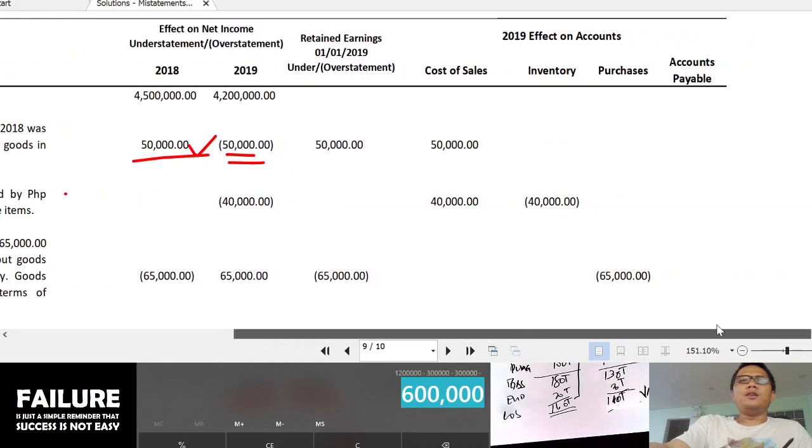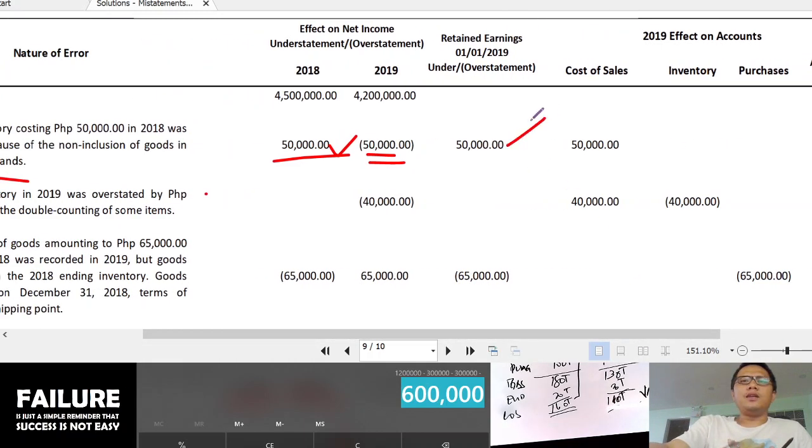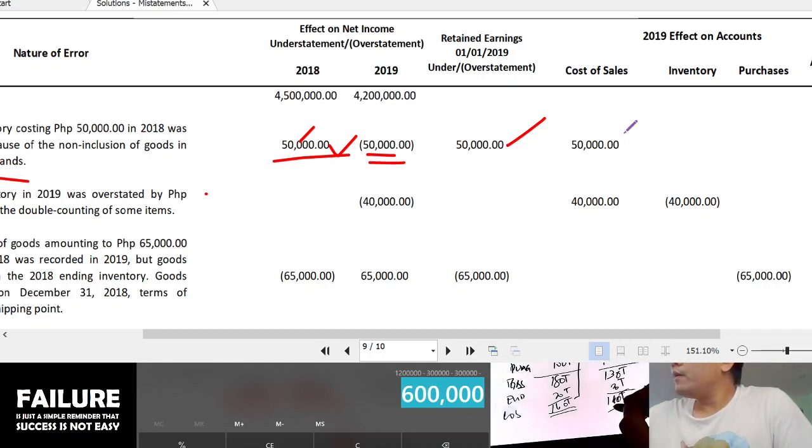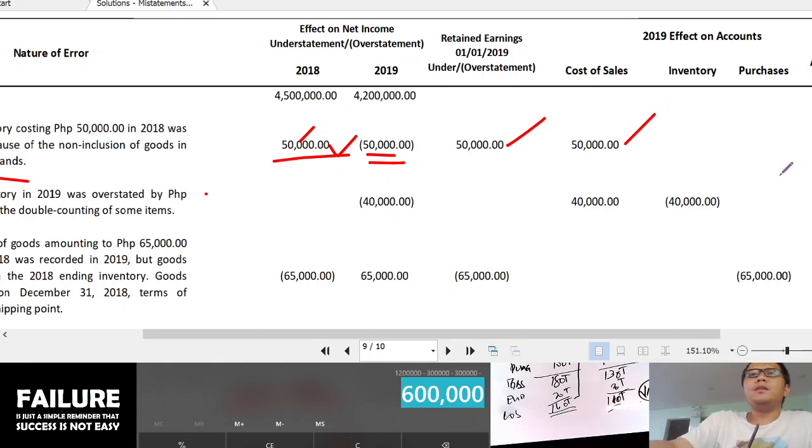So, ang effect niyan ngayon is that the retained earnings is understated because of the effect of that error in 2018. And in 2019, as noticed, understated yung cost of sales natin by 50,000. Now, bakit cost of sales yung adjusting account natin in 2019?